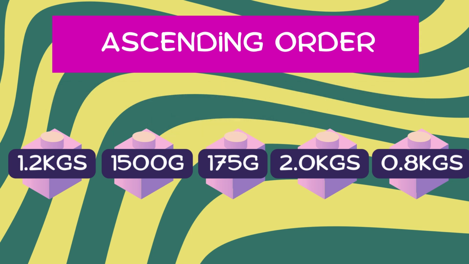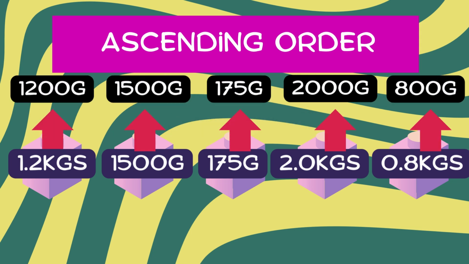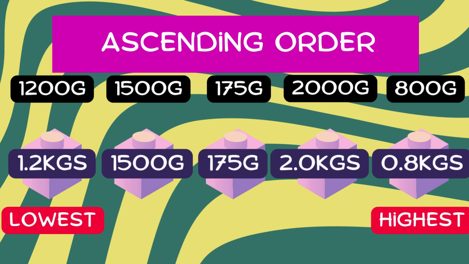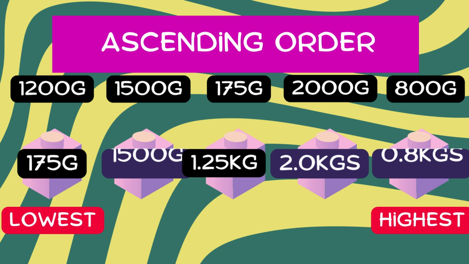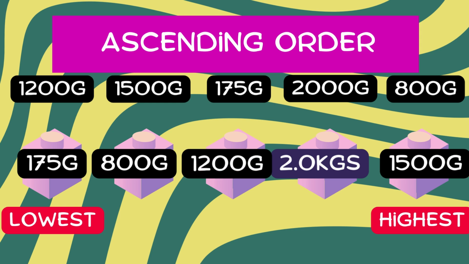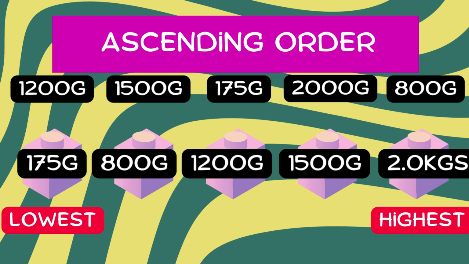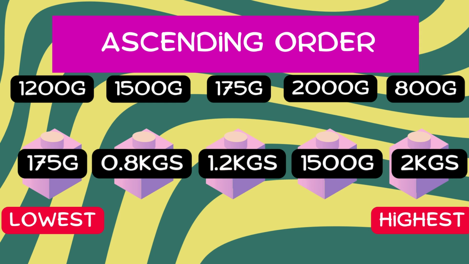I am going to convert them all into grams, which will make them like this. And now it's simpler. Therefore, the ordering would be 175 grams, 800 grams, 1,200 grams, 1,500 grams, and 2,000 grams. Don't forget, in the end, you must convert them back to their natural state.